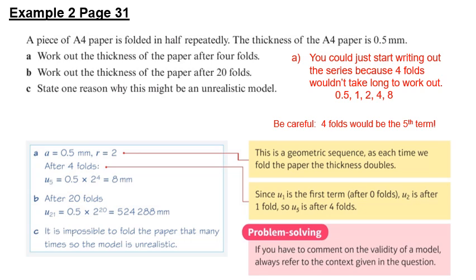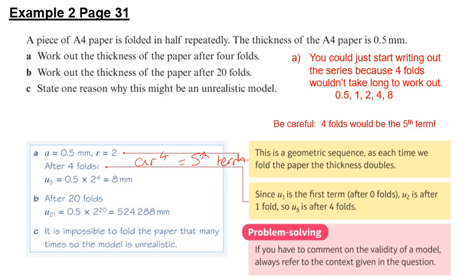But remember that the first number in this sequence, 0.5, is when there are no folds. So if you want the thickness of the paper after 4 folds, you're actually looking for the 5th term. The 5th term in the sequence is 8. You could work it out using ar^4, because that is the 5th term of a geometric sequence.